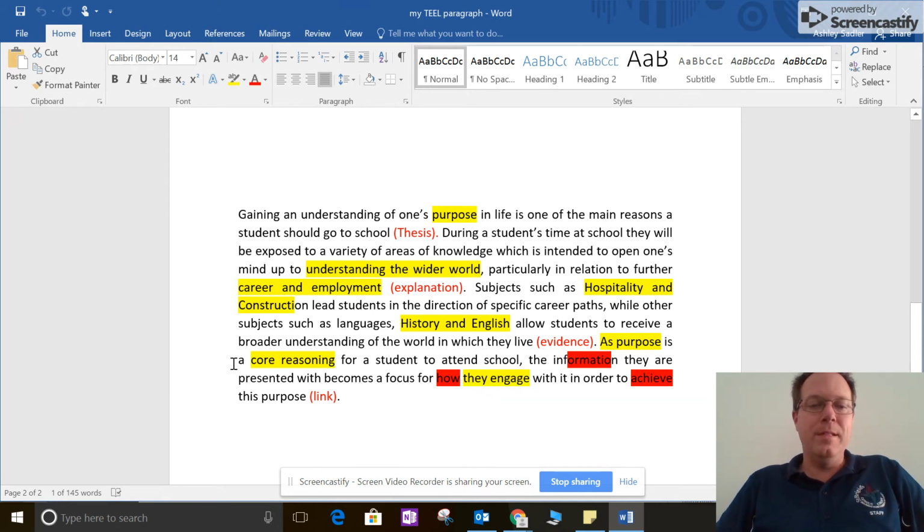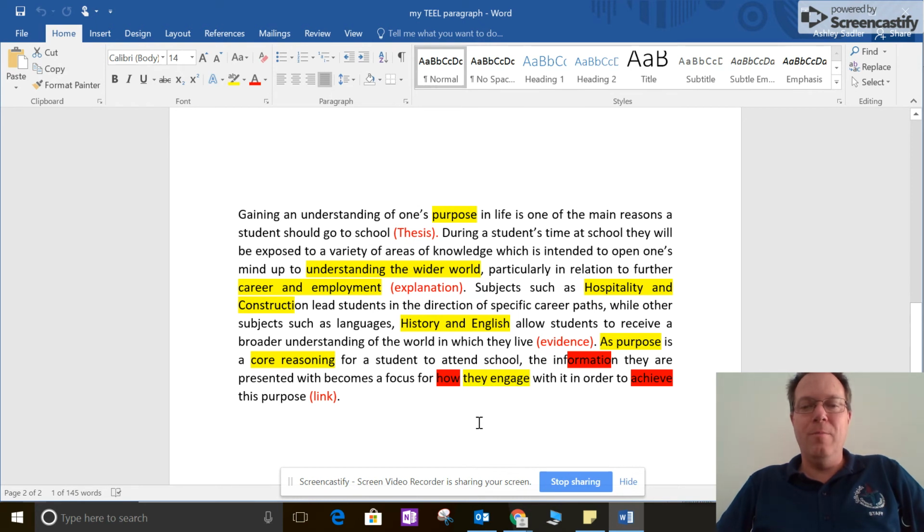So as a purpose is a core reasoning for a student to attend school, the information they are presented with becomes a focus for how they engage with it in order to achieve this purpose. So essentially in my last part here, linking back to the question, I've said purpose is a core reason, and they get that reason by engaging in subjects.